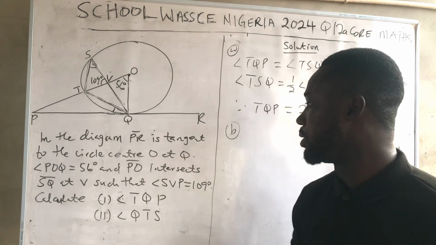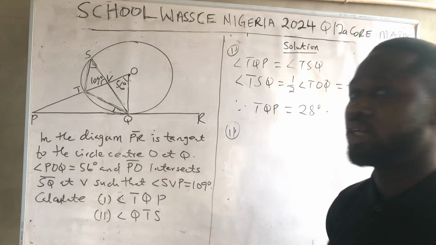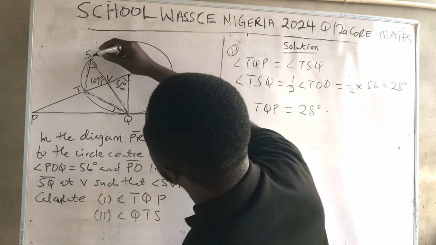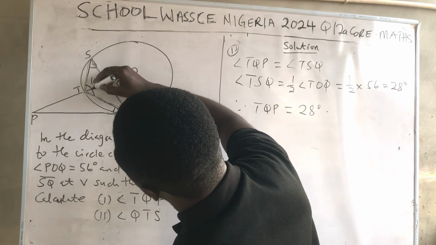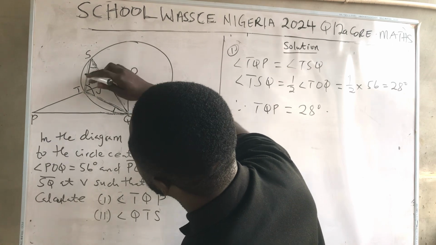Now, let's come to the B, the II. Angle QTS. So QTS comprises this angle and then this angle, these two.